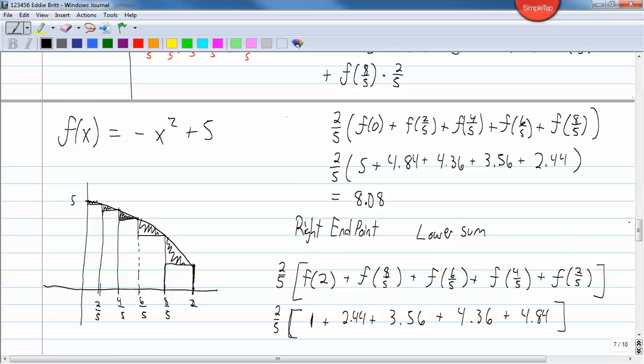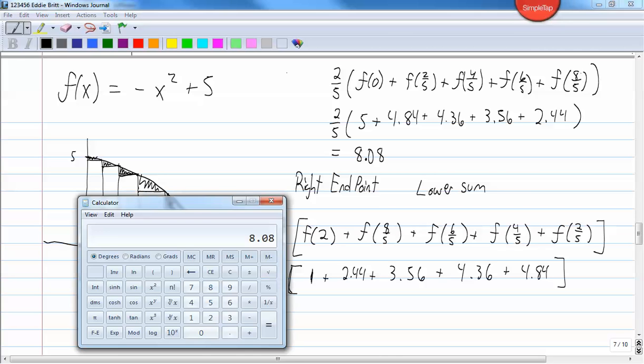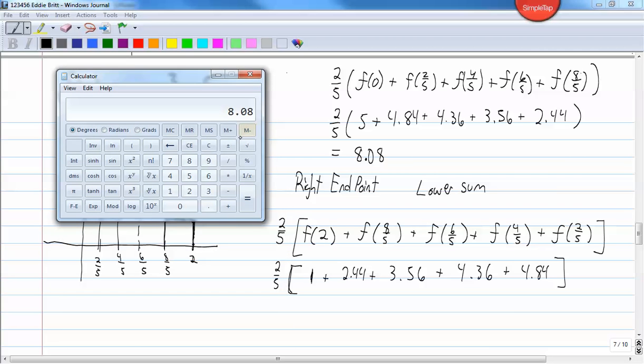So that's the heights of all 5 rectangles. Now I need to add those together and then multiply that by 2/5, and that'll give me my area.